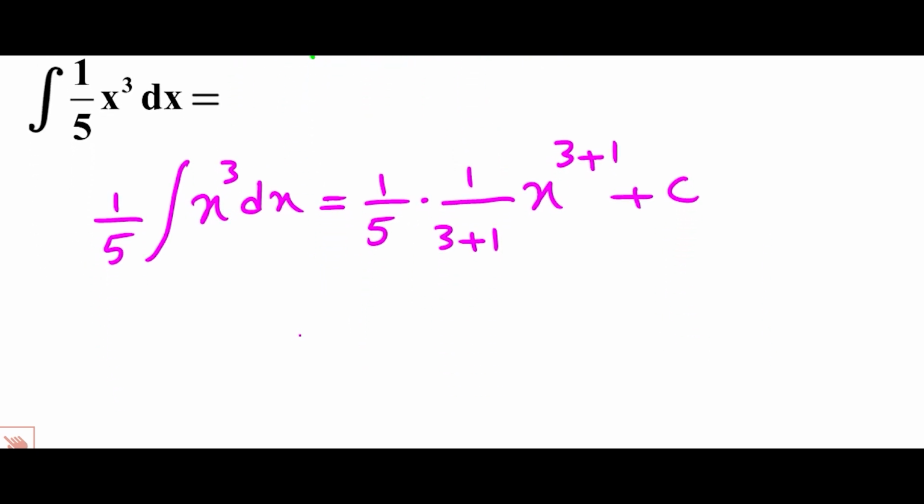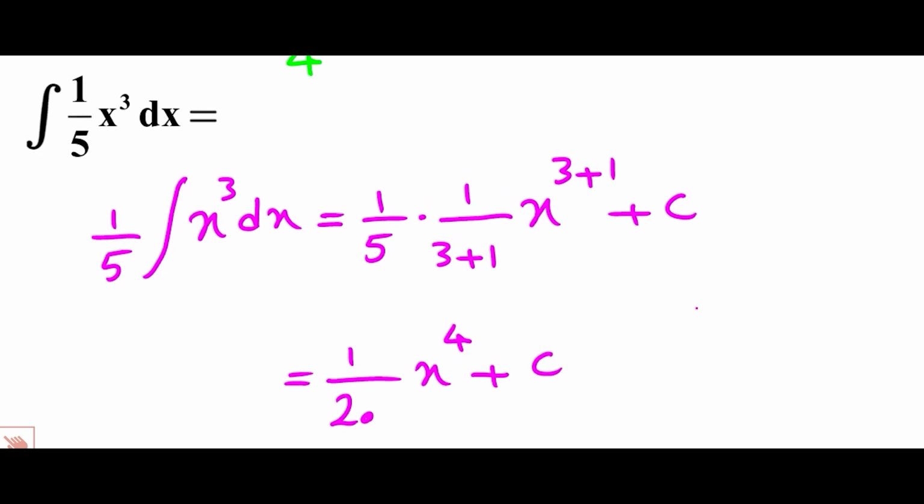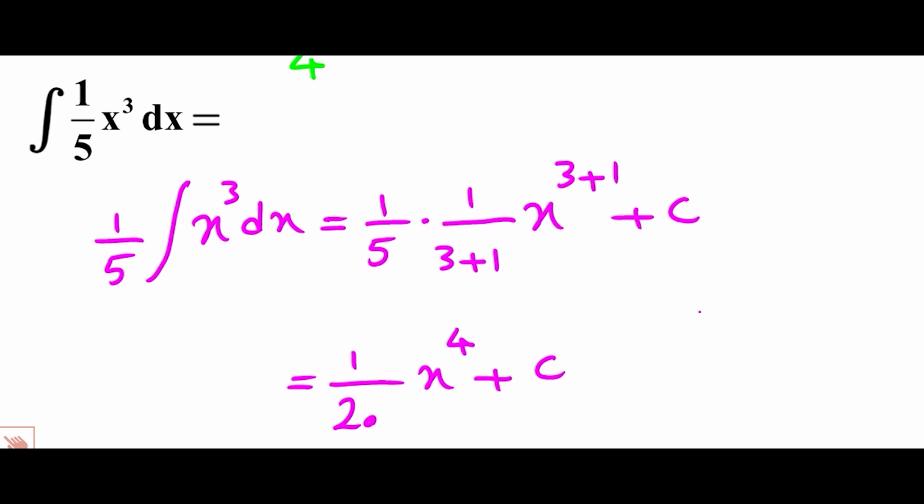And finally the answer is 1 over 5 times 4 equals 20, x to the power of 4 plus c. That's it. It's very simple.